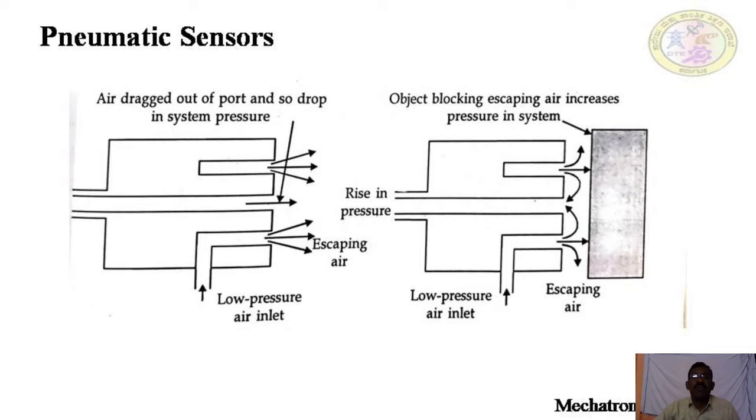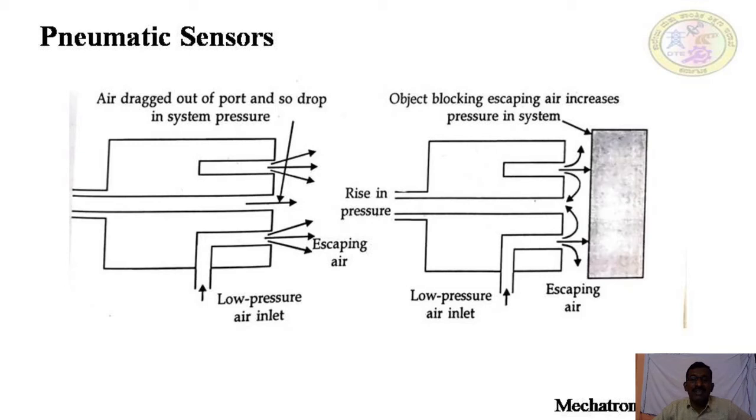If the object is blocking the escaping air because of the movement of the object nearer to these ports on one side of the sensor, the free escaping air is blocked, and hence on the other side of the sensor there is a sensor output port, at which the pressure is measured.